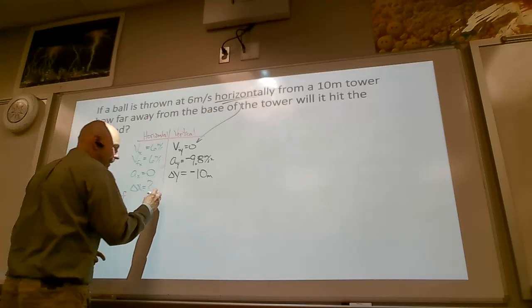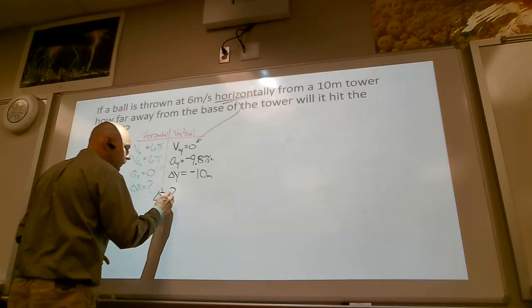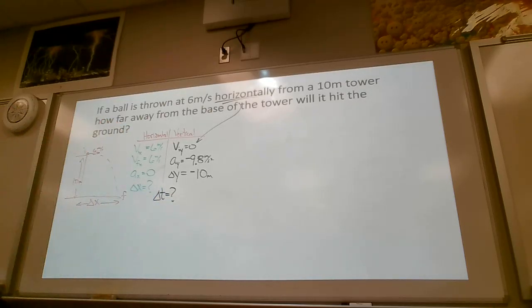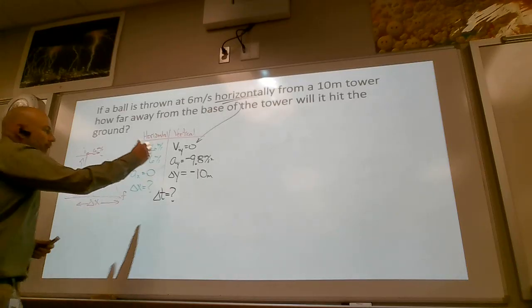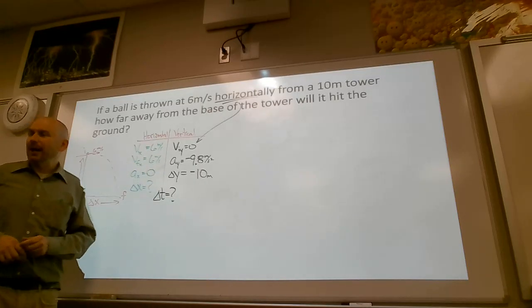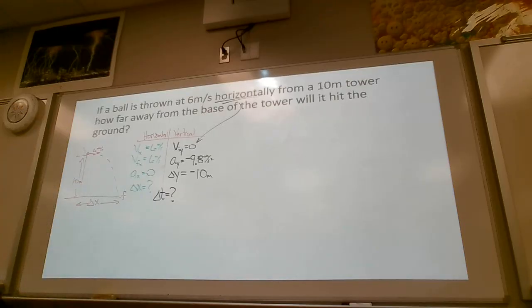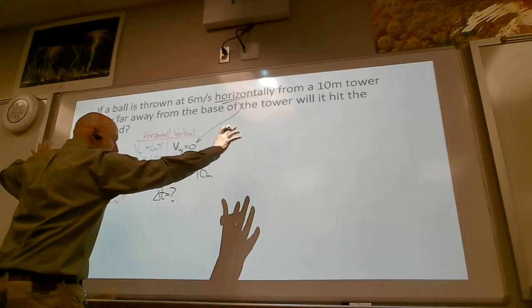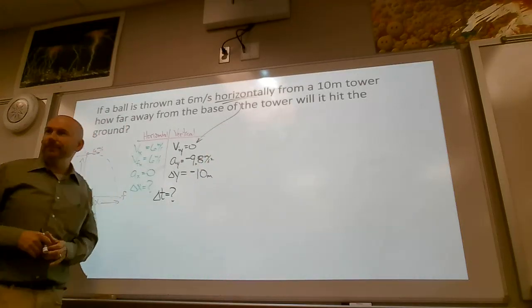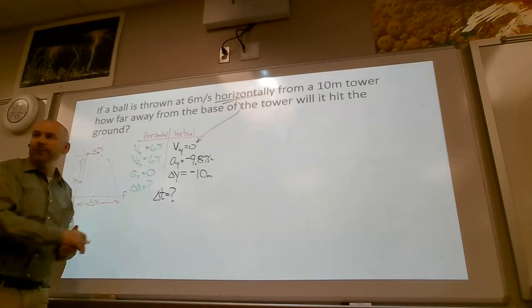Now, check this out. Time. We don't know that. But time is the variable that is not constrained vertical or horizontal. Time is just ticking away. Time is the measurement that bridges the gap between horizontal motion and vertical motion.